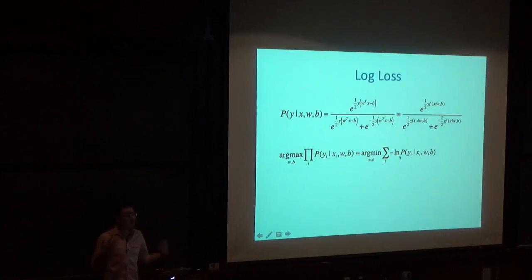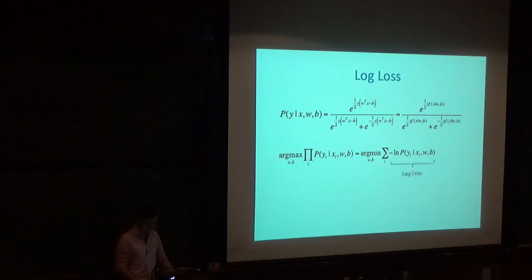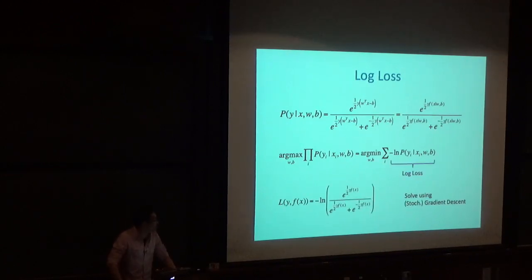Now this looks like our standard machine learning objective: minimize something that's summed over our training examples. This term is called log loss. In particular, if f of x is our raw scoring function before we push it through a sigmoid, then the log loss looks like this.